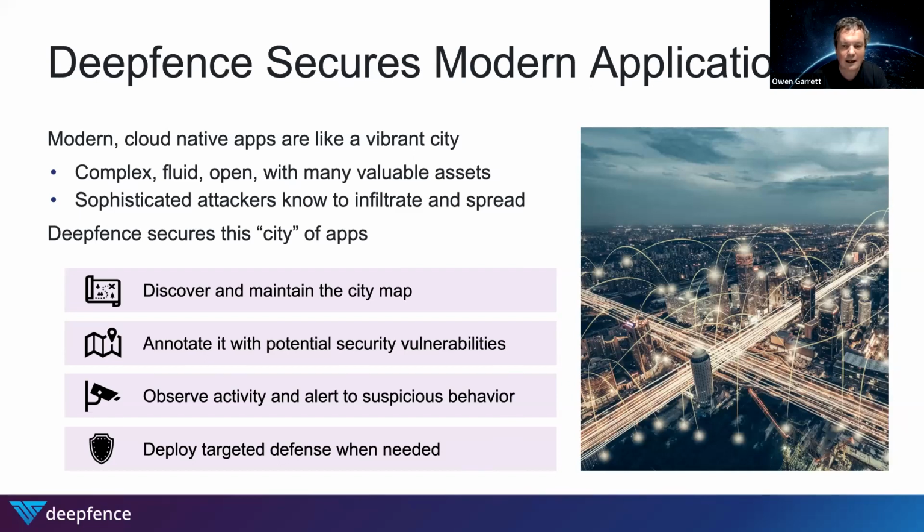We can see if an attacker is beginning to succeed in exploiting a vulnerability, if a privilege escalation has been achieved, if lateral spread is in effect. And with that information, we can then deploy targeted surgical defense when needed to defeat the attacker in the act.